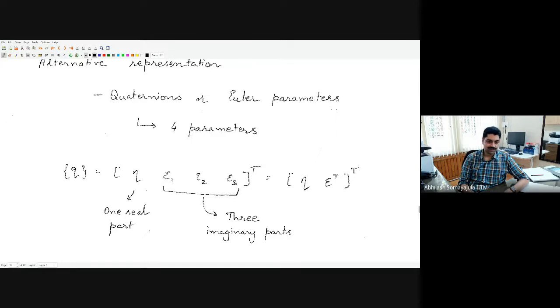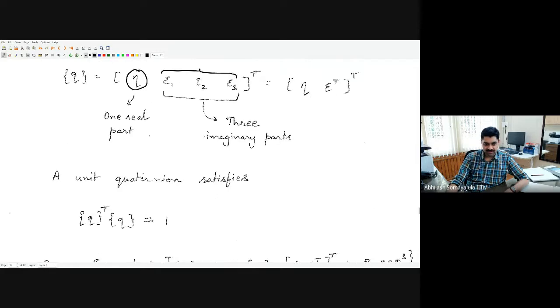You can think of this as eta being the real part and these 3 representing 3 imaginary parts of the quaternion. And a unit quaternion satisfies the condition that Q transpose Q is equal to 1. Notice, what will be this Q transpose Q when I multiply this out? What do I get?